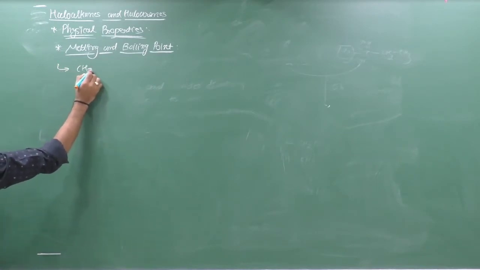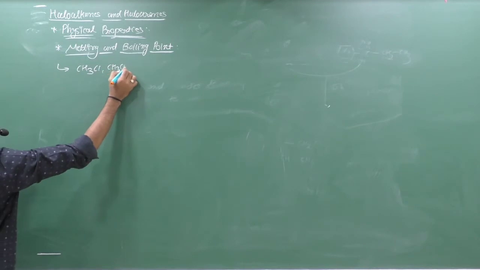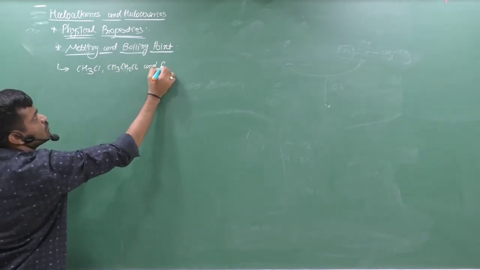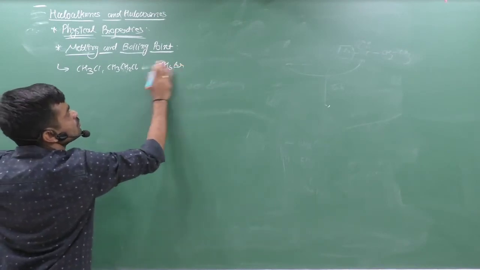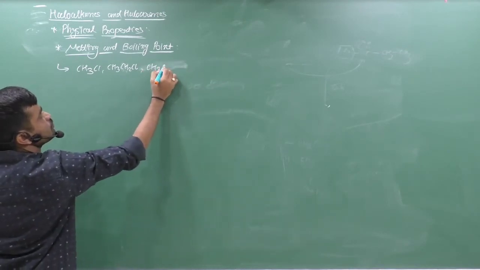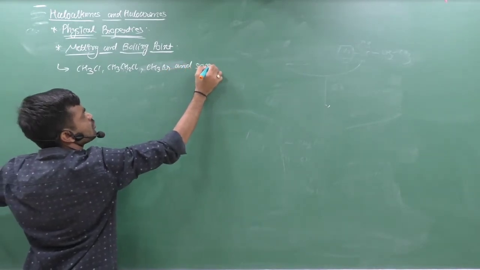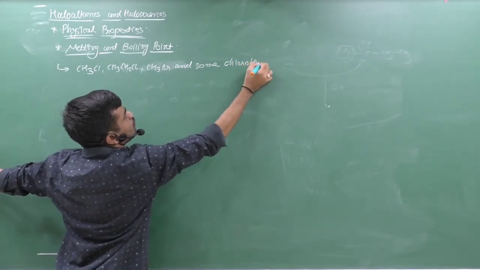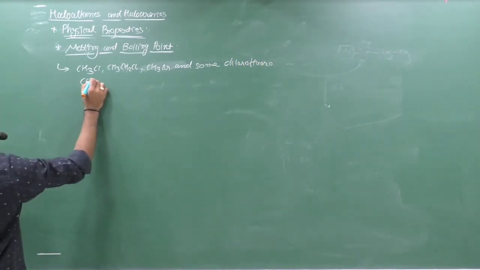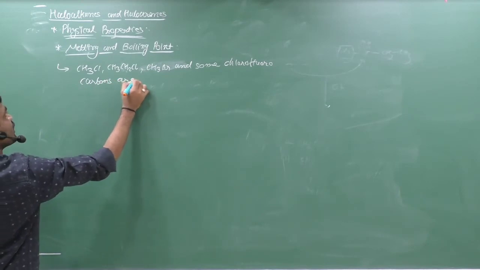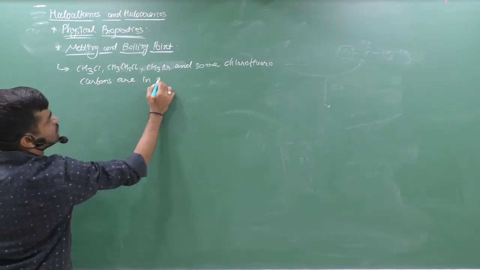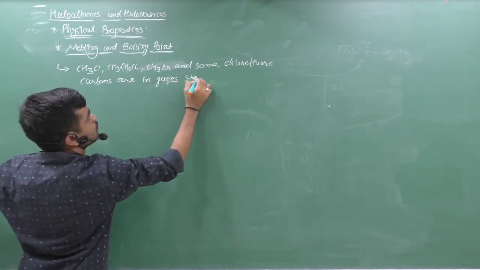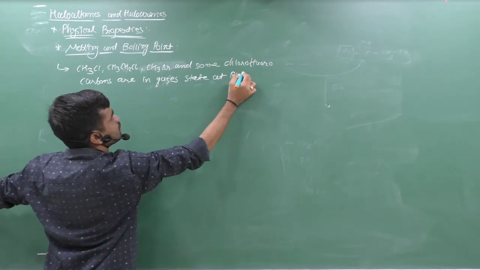First of all, methyl chloride, ethyl chloride and methyl bromide and some chlorofluorocarbons are in gaseous state at room temperature.